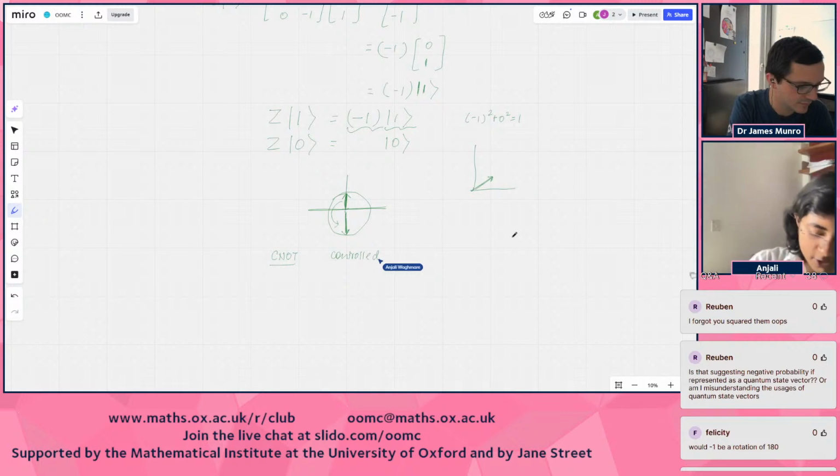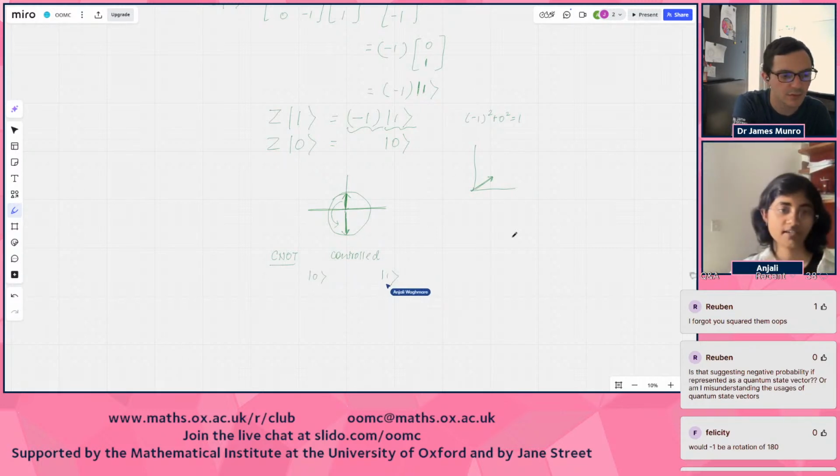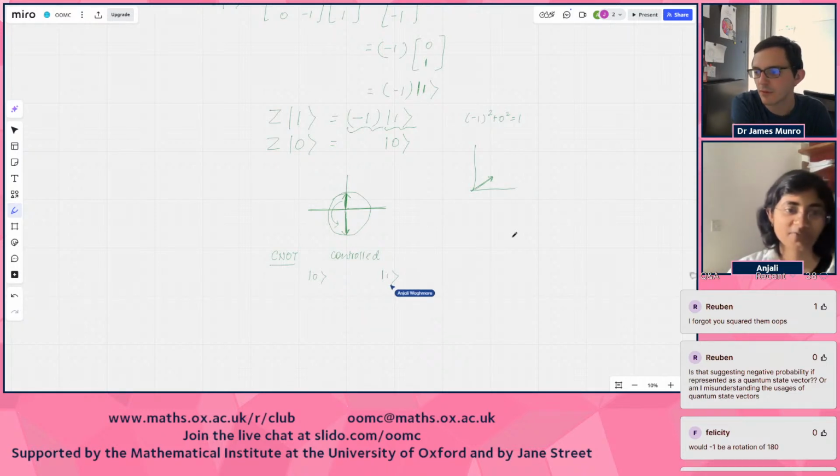Here we are just looking at 0 and 1. But if you have one more 0 and one more 1, so you have multiple qubits, you can have combinations like we saw in the classical case.